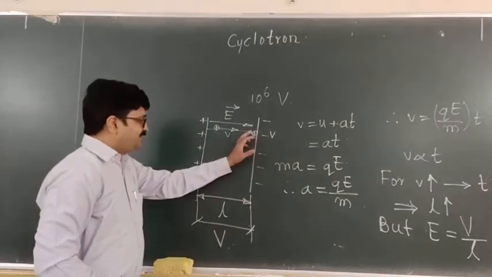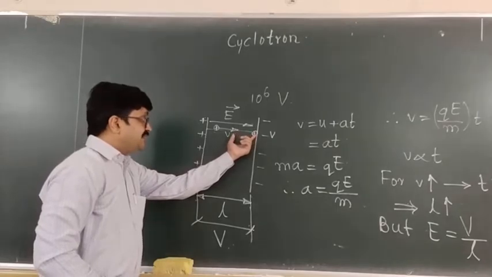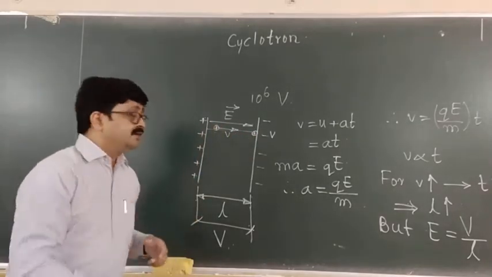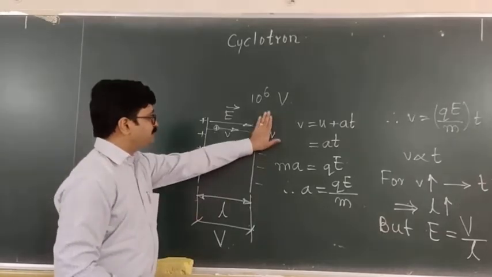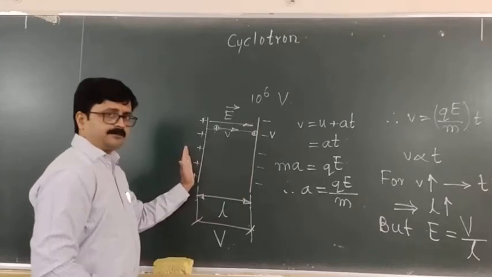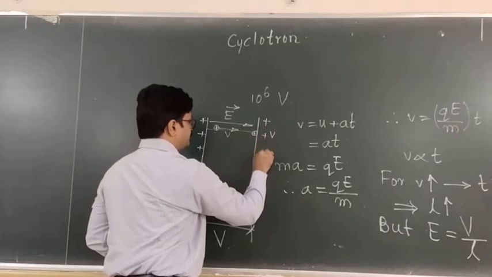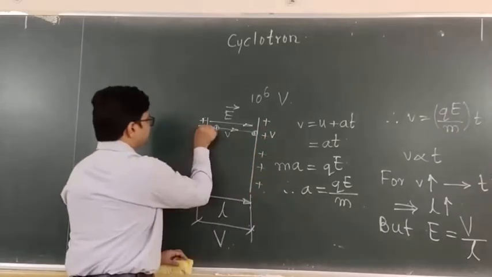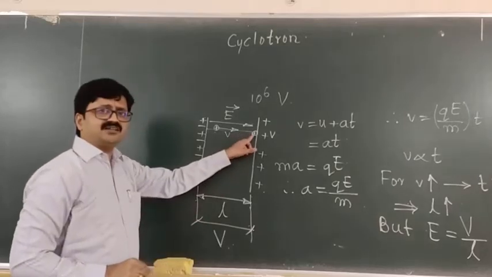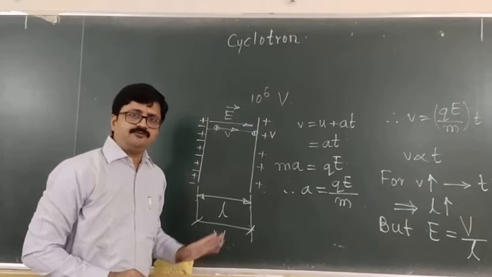Then this charged particle is again reversed, in the sense its motion is reversed. How can we reverse the motion? We can simply change the polarity of this plate and this plate. We can interchange it. So over here I can make this positive and this negative. So under this situation, again this charged particle will be moving towards the left side from the right side.